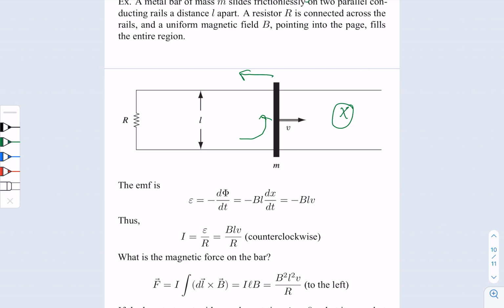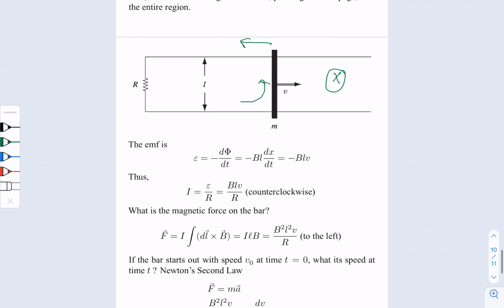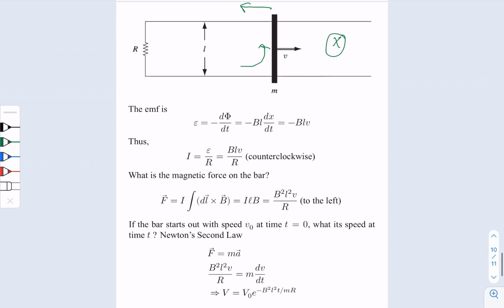So if you want to move the rod to the right, the EMF will produce a current such that it will reduce the change. It will try to pull the rod backwards, and that's Lenz's law. Now what we can do is calculate what happens if the bar starts out at velocity v0.